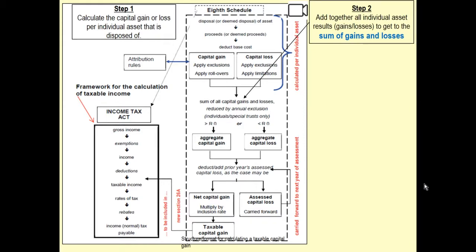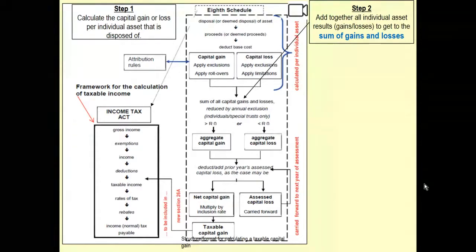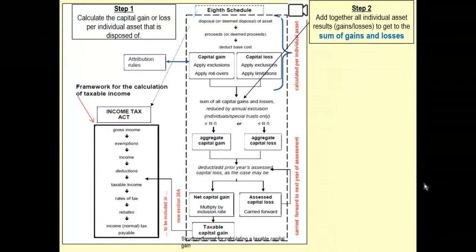Once we've calculated the individual capital gains and losses, we're going to add all of those together to get to either a sum of capital gains or a sum of capital losses. Now, if it's a positive amount at this point in time at step 2, that means we have a sum of gains.